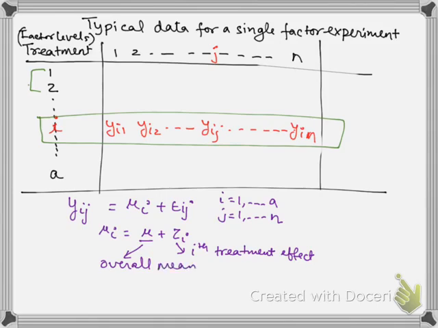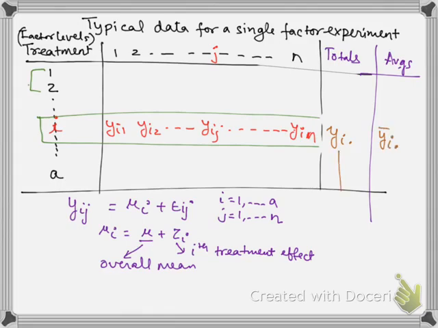For each group that we are comparing, we can have their totals and their averages. So this one would be yi dot, and this is yi dot bar. yi dot is the sum of yij, j goes from 1 to n, and yi dot bar is the sum of yij divided by n.